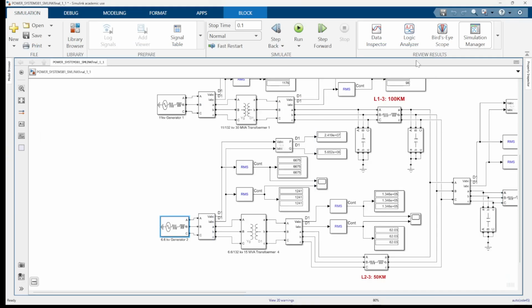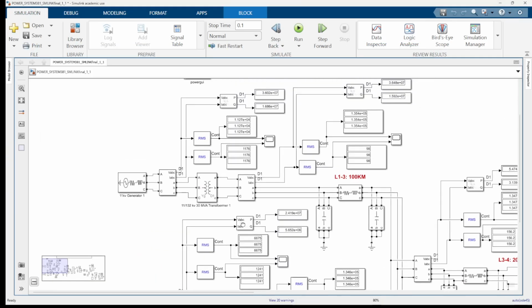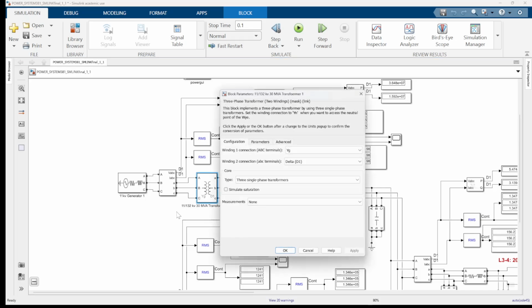So in the model, this is transformer 1, so it should be stepping up 11 kV to 132 kV. The primary winding is connected in star and the secondary winding is connected in star, and the core type is single phase.